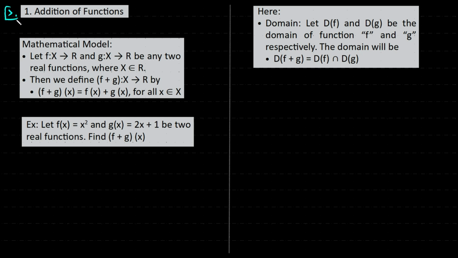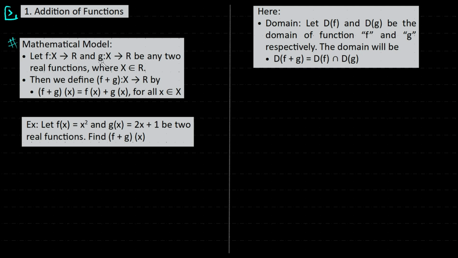These are all the technical aspects. I'll just show you the important things over here and I'll come back to this. So here we have function f mapping set X to R, and R is again a subset of real numbers, and g is mapping X to R, and X again is a subset of real numbers.